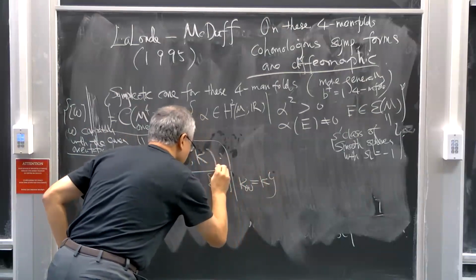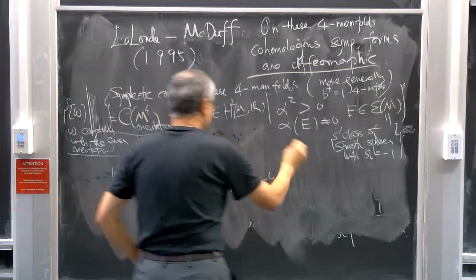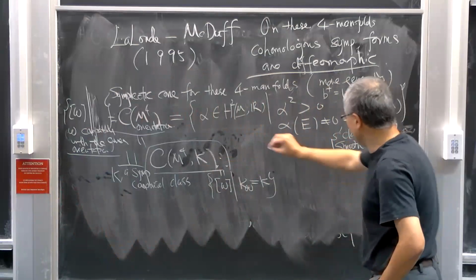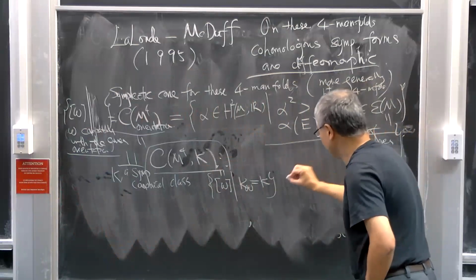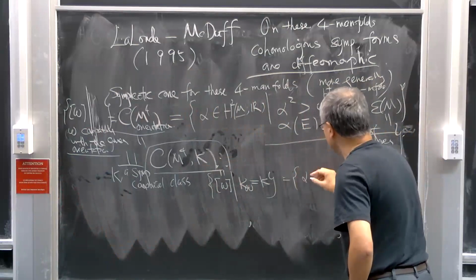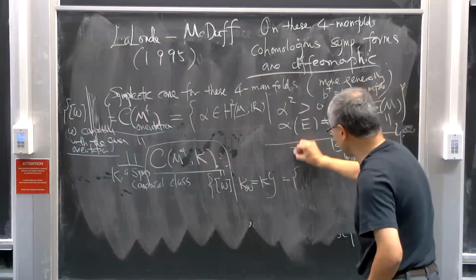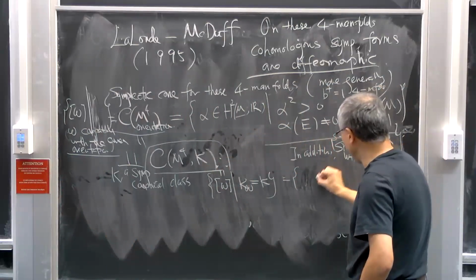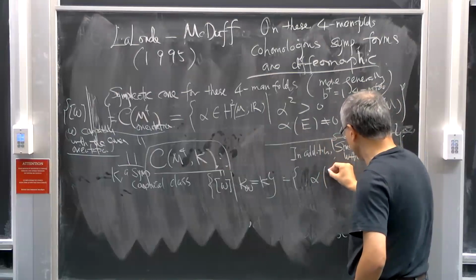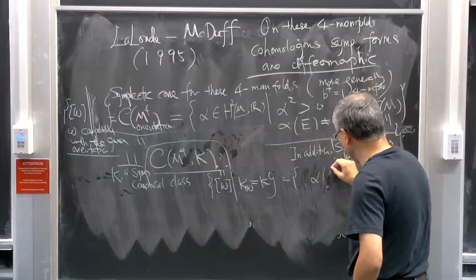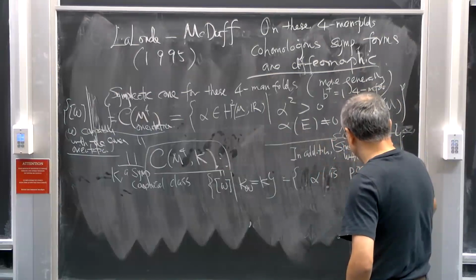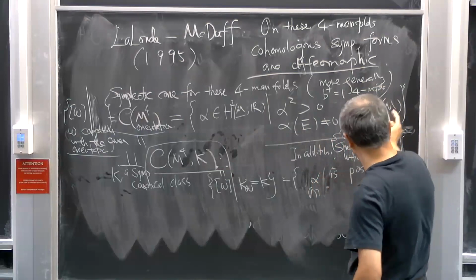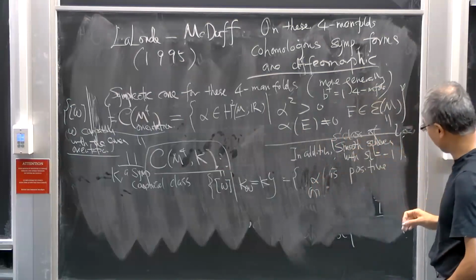And the description of this subcone is, in addition to this condition, you require alpha to be positive on the subset of this class of smooth spheres.